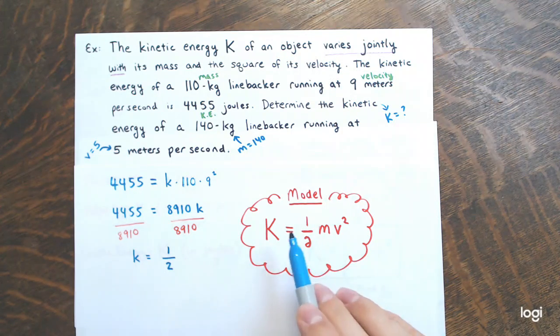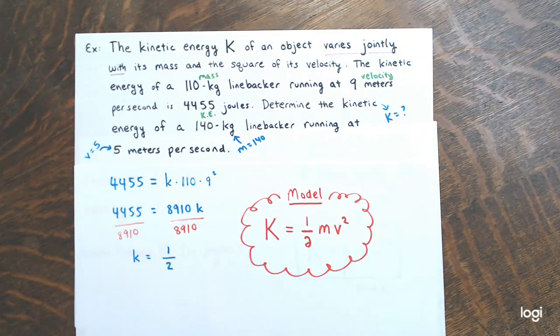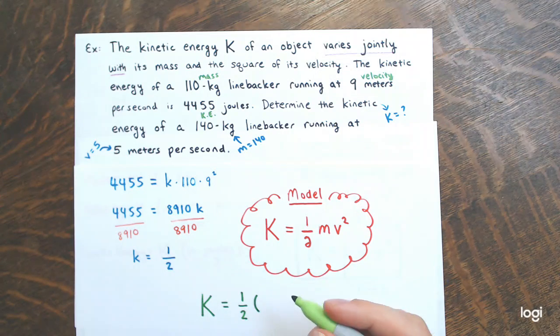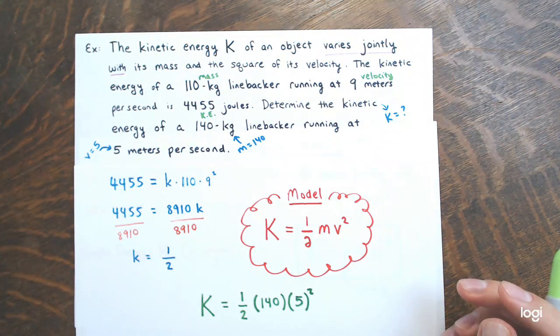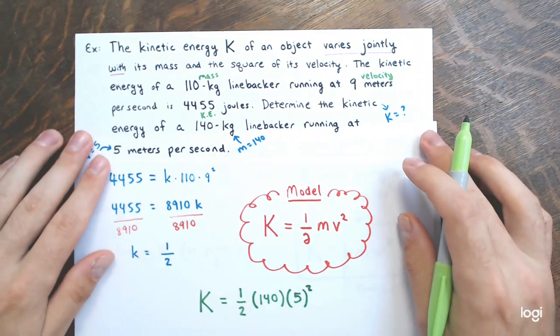So I pop those in, and we can find the kinetic energy of such a linebacker. Putting those in, I have K on the left equals 1/2 times, the mass is the 140 kilograms, times the velocity, which is 5, but that's being squared. And don't forget, you do things with exponents first, before you do your multiplication and division.